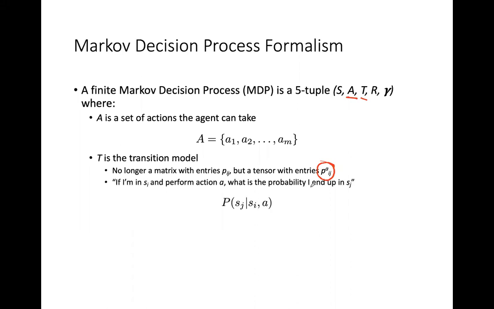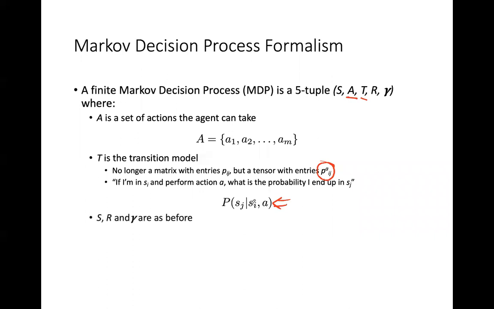Essentially, you now have a 3D tensor, and every entry says something like this: if I find myself in some state Si, and my agent performs the action a, what is the probability that you end up in Sj? So this is a conditional probability. It's going to be a 3D array instead of a 2D array, because you need to specify 3 things to get out a probability.